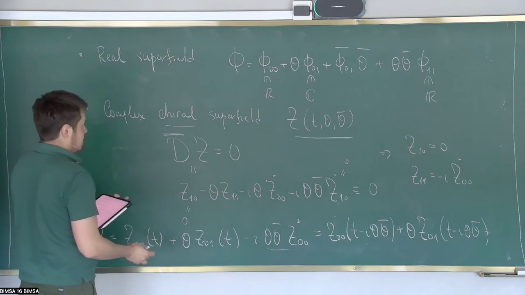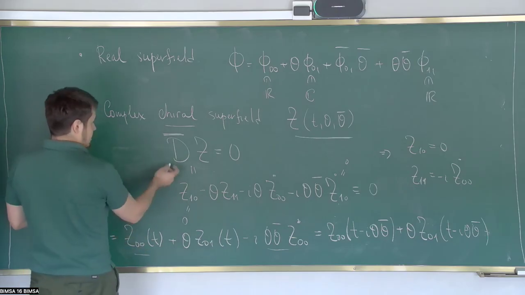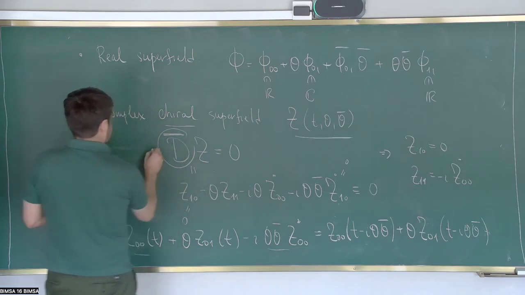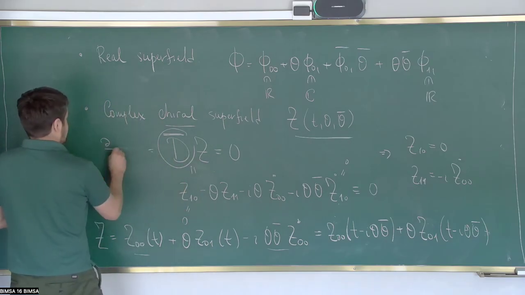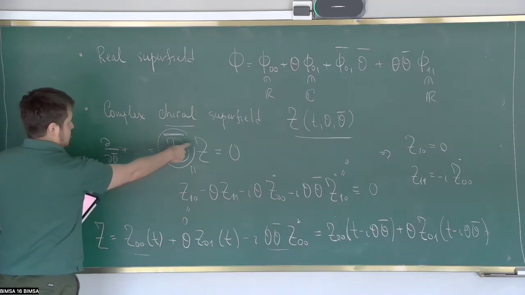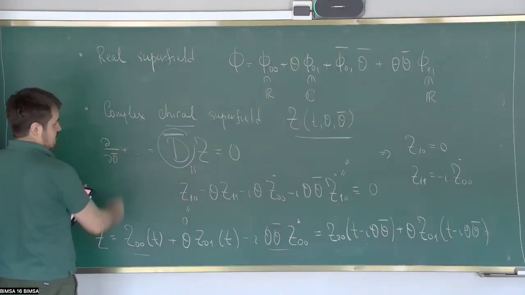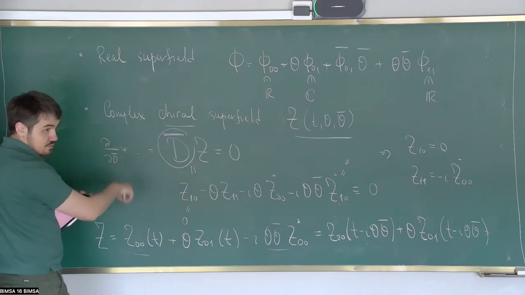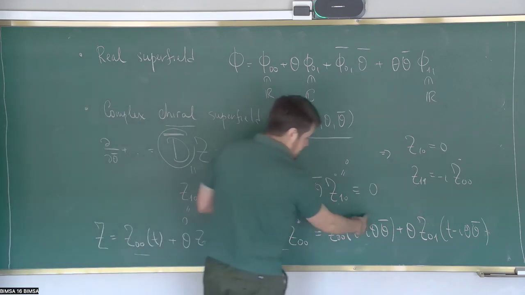So the point is that if you recall the expression for d bar, what is d bar? This starts like d over d theta bar plus something. We want to say that the chiral superfield is the one that doesn't depend on theta bar, but of course, it's up to something. This something is this shift of the time variable.